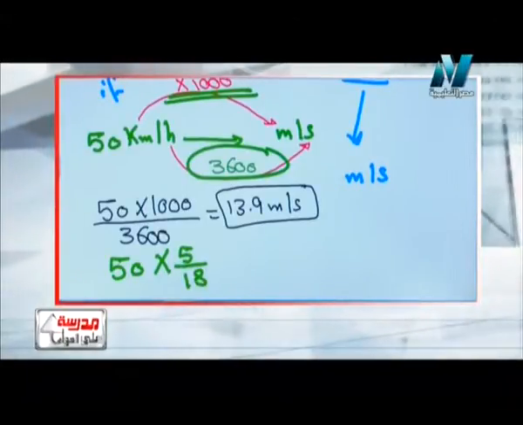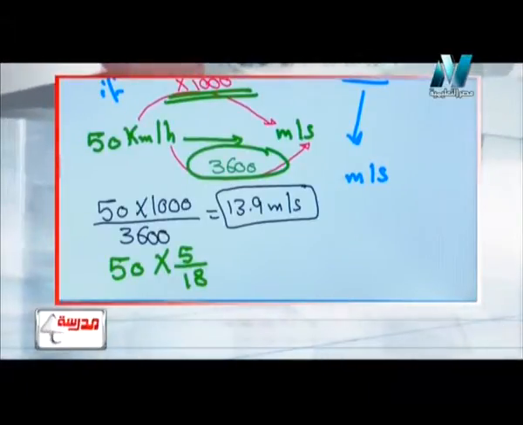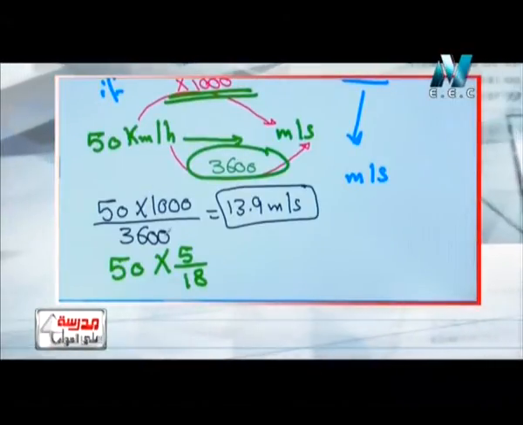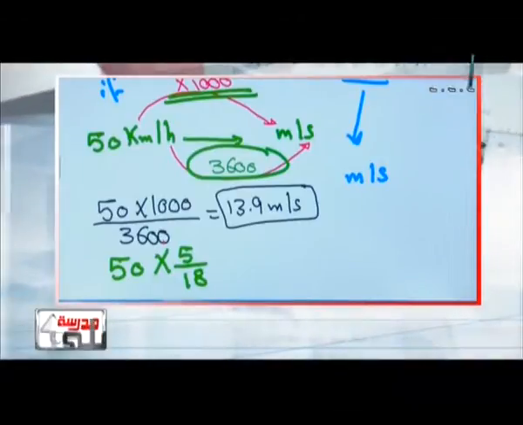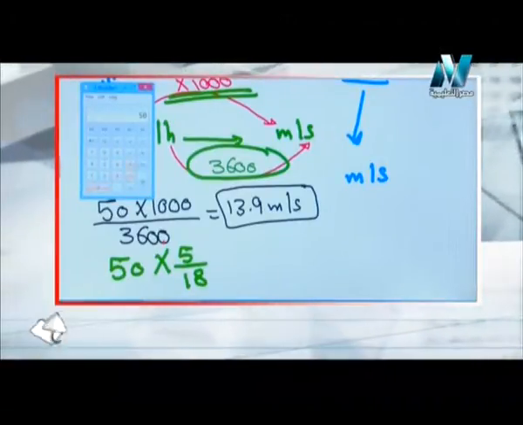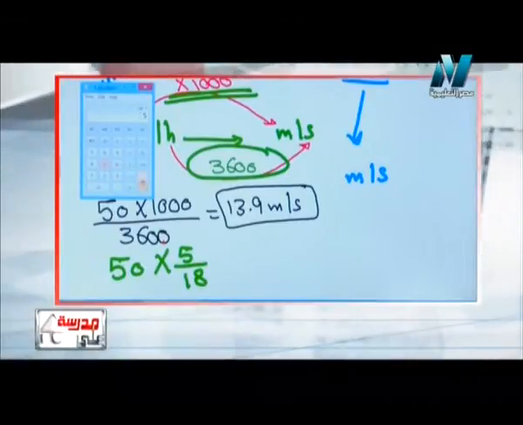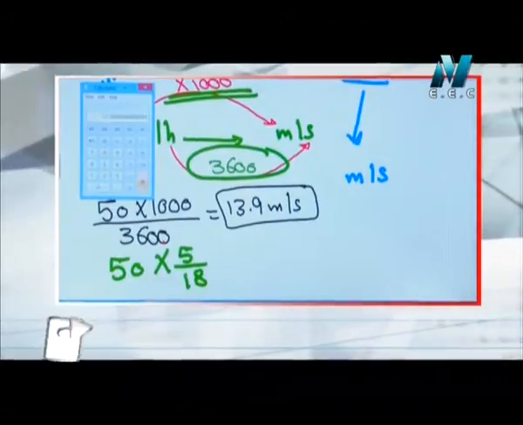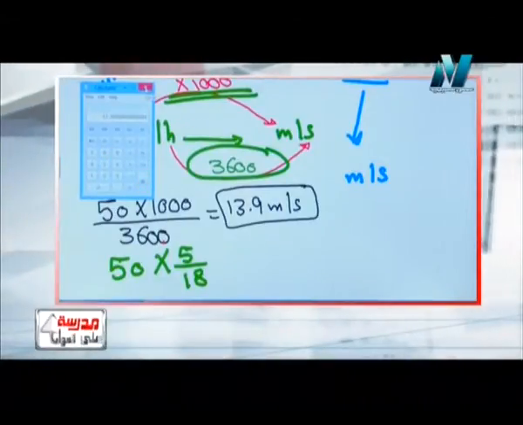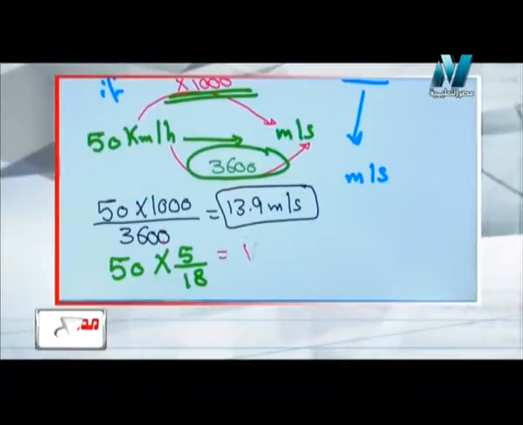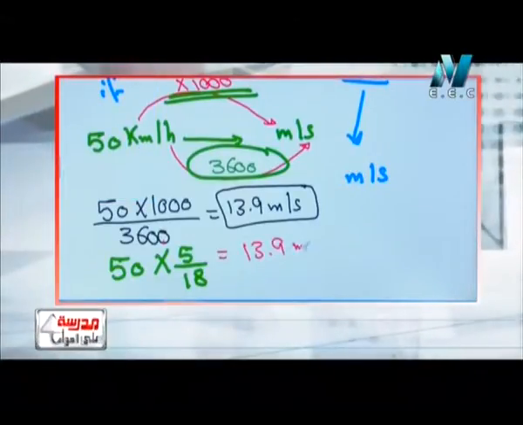If someone asks where 5 over 18 comes from, it is the simplification of 1000 over 3600. By calculator, 50 times 5 over 18 equals 13.88, approximately 13.9 meter per second.